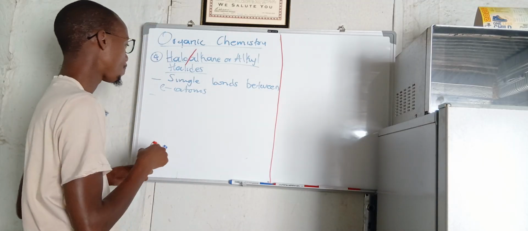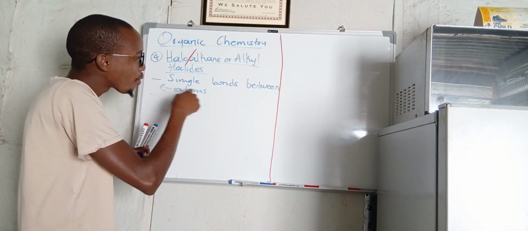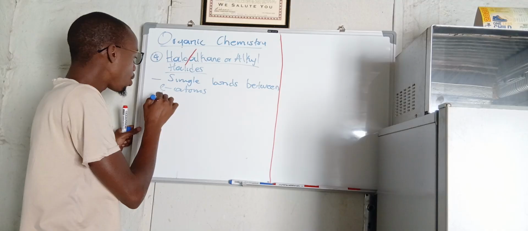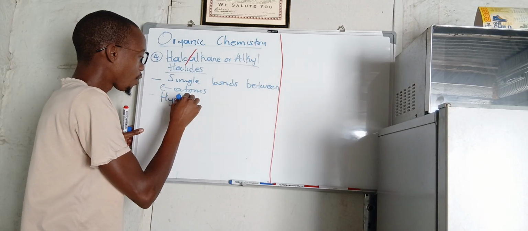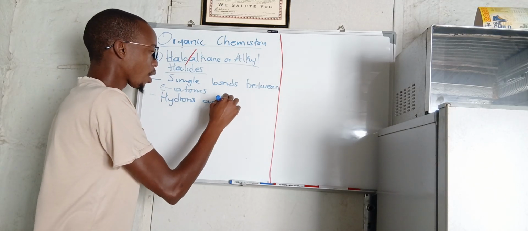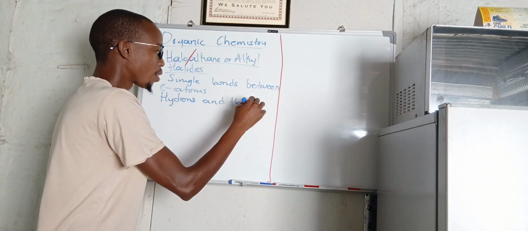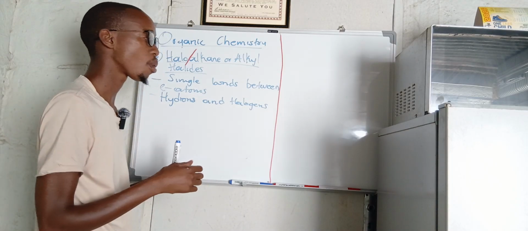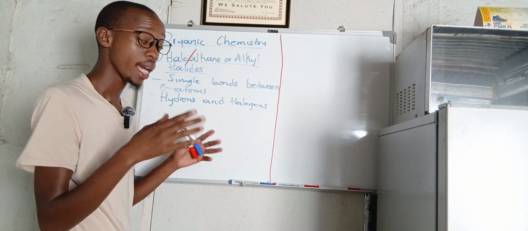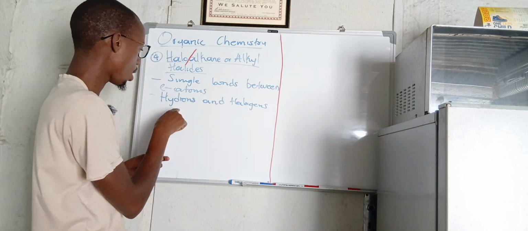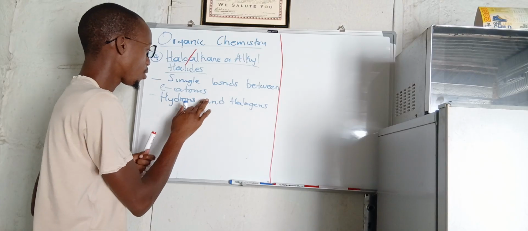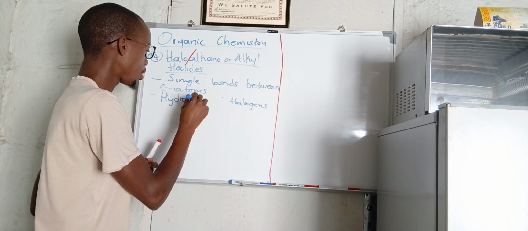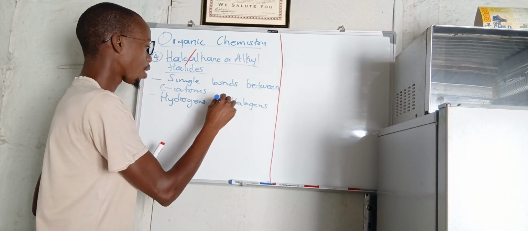So now let's check. On top of the single bonds between carbon atoms, we will be having hydrogens and halogens on our structure. So meaning our structure is going to comprise single bonds between carbon atoms and hydrogens and halogens.